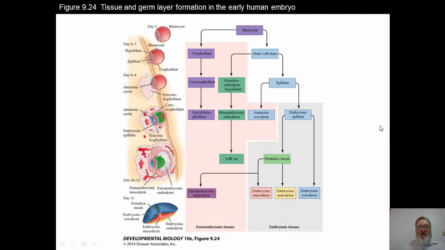Let's now just very quickly review the tissue and germ layer formation in an early embryonic human. This shows an embryo at day 5, the blastocyst stage, and now it's gotten outside of its zona pellucida, so it's ready to implant into the uterus, and here you can see that it has formed a hypoblast and epiblast, and the extensions are coming in to the beginning of the formation of what will become the placenta.